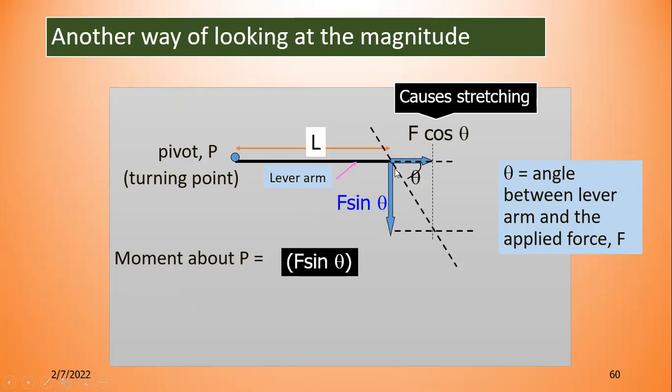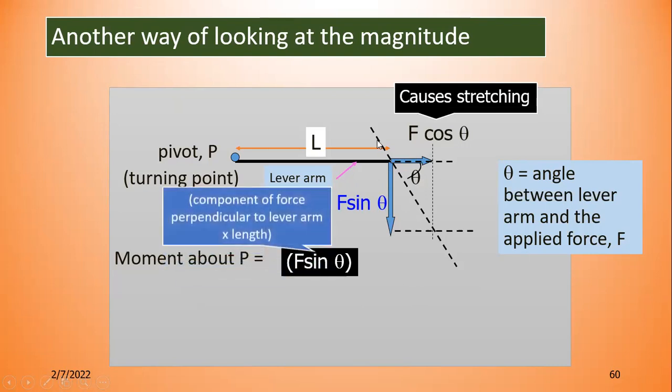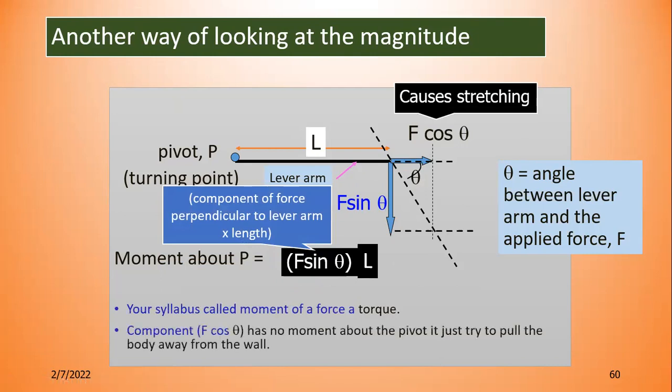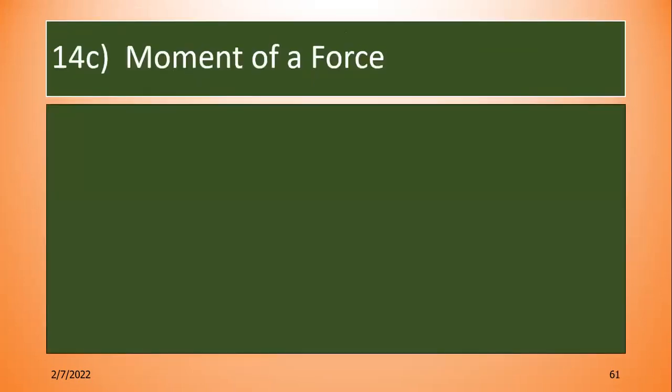So we take the perpendicular component F sine theta times the length. The moment of force is called a torque. F cos theta gives no moment; it doesn't cause a rotation, it causes the body to be shorter or longer. In this case, it's stretching the body.